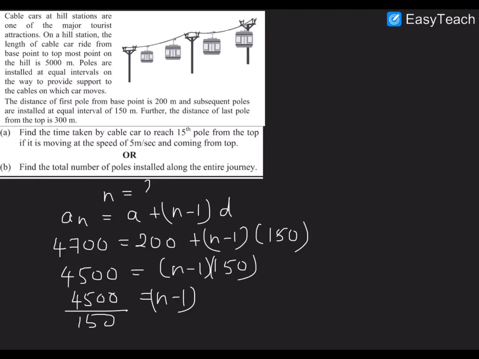So N minus 1 equals 30, zeros cancel out, 15 threes are 45, so 30. So N is equal to 31. So your last pole is the 31st pole.